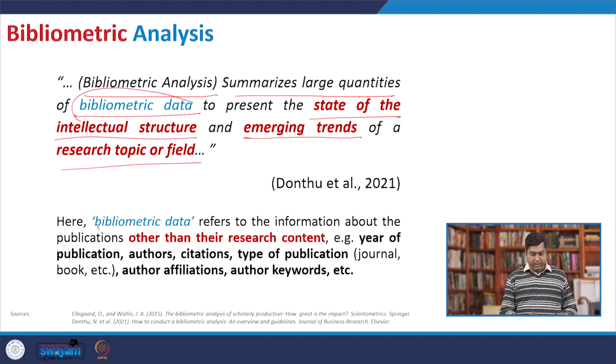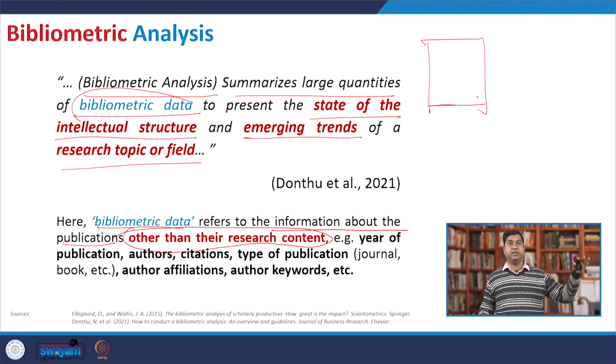Bibliometric data refers to the information about a publication. The catch is here, other than their research content. That means in a paper there is a title, there is certain author information, and then you have the abstract, introduction, methodology and different sections.